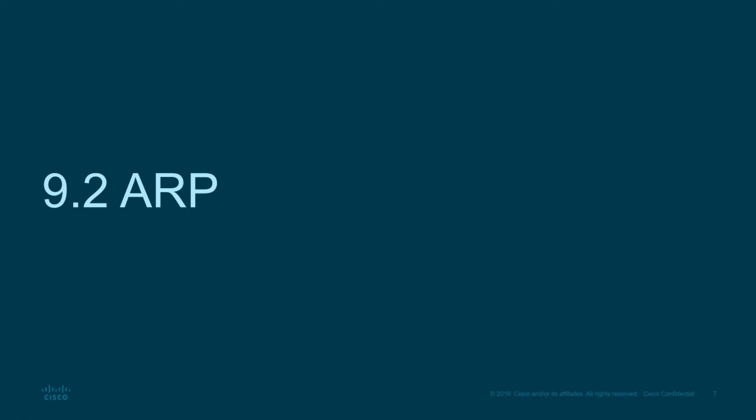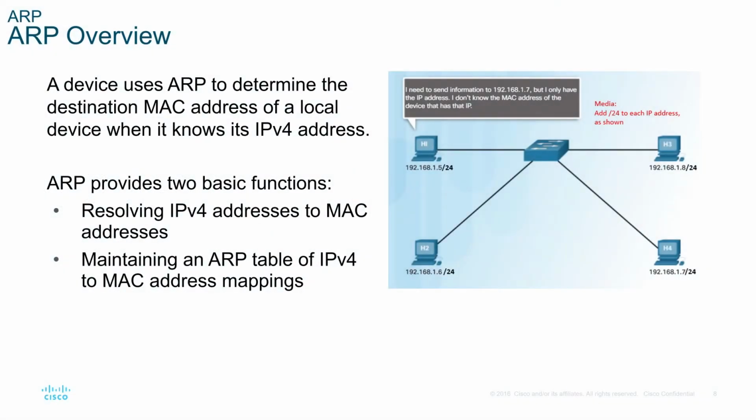ARP is an extremely important protocol when it comes to transferring data. If a host does not know the MAC address of the destination, it must request it through the ARP process. A device will use ARP to determine the destination MAC address of a local device when it knows its IPv4 address.